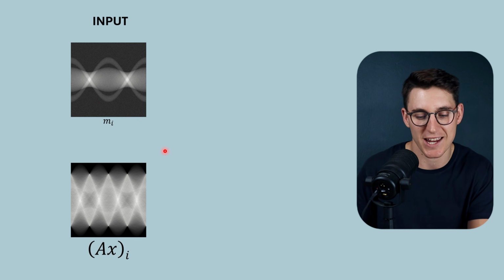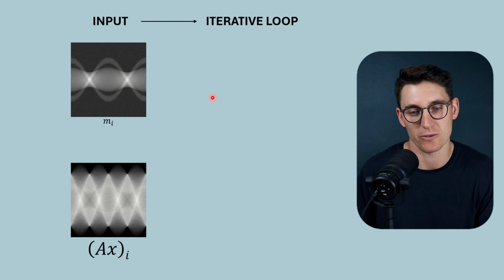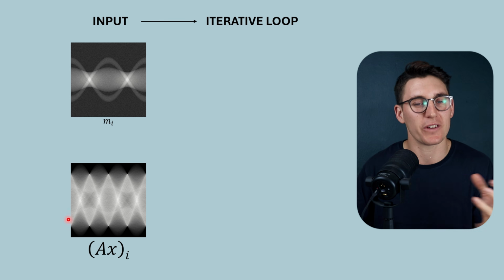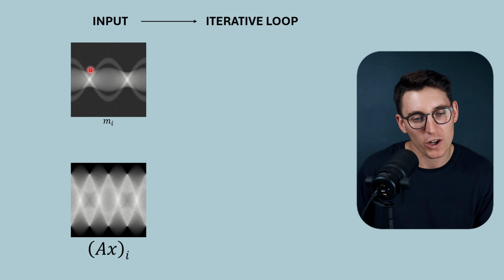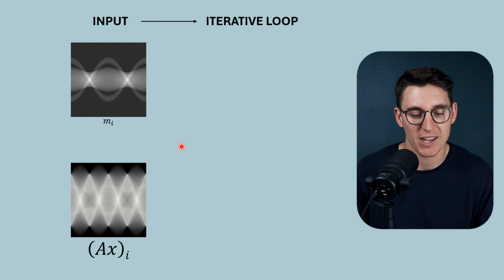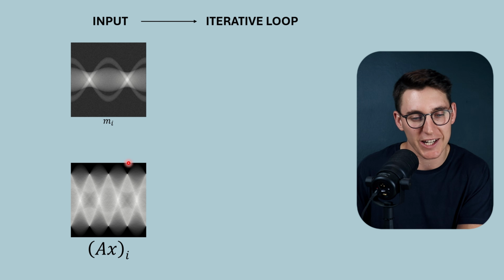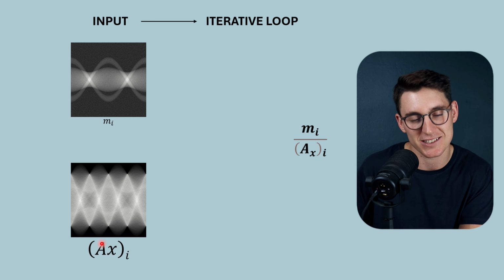Now what we need to do is take this input data and somehow apply that data into what's known as an iterative loop. We want to improve on that initial image estimate and try to closely match it to what type of patient anatomy would ultimately produce this projection data that we've measured in our CT machine. To do that, what we're going to do is get a ratio between our measured data and the predicted data that we've applied our system matrix to.